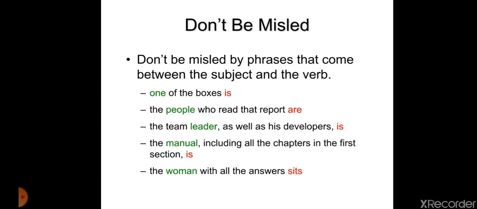Therefore, the verb is. The manual, including all the chapters in the first section. Here, this additional phrase gives extra information. The manual is. Either the sentence can be the manual is. Here we add extra information. The manual, including all the chapters in the first section, is.